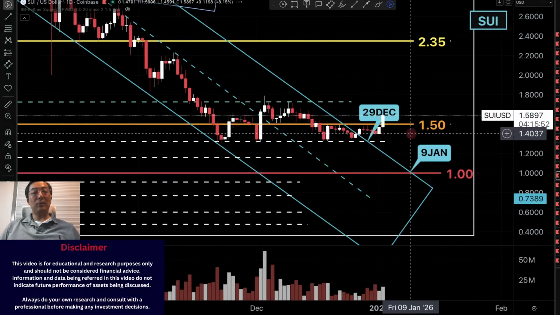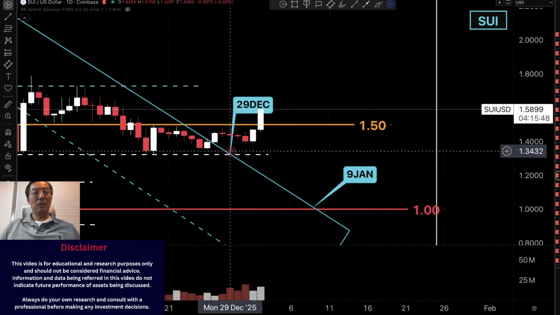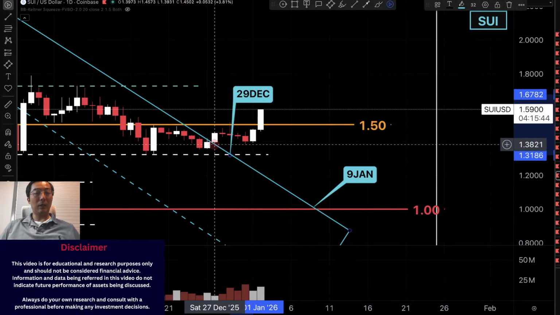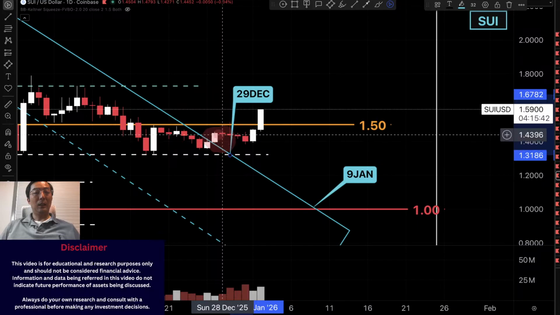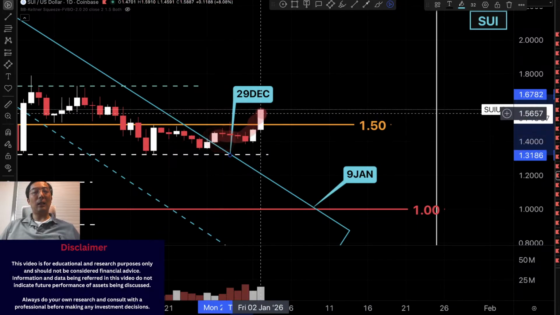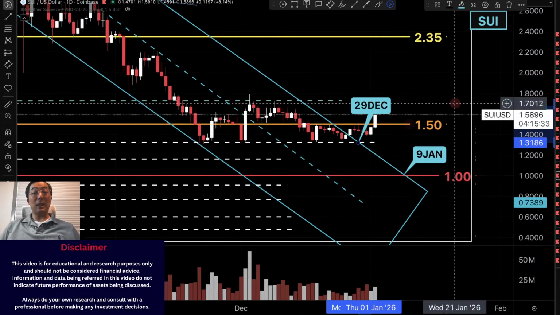And in terms of daily chart, we talked about the potential trend change confirmation comes before December 29th, and indeed on the 27th it came. And then for the subsequent days into today, it finally broke above the orange key level of $1.50.